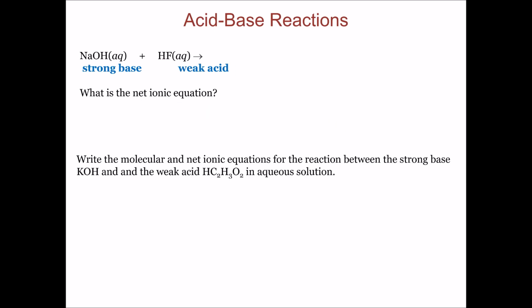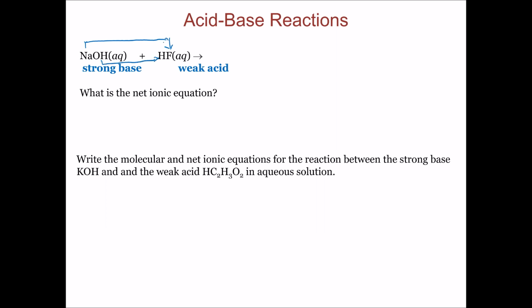The other way around, if you have a combination of a strong base with a weak acid, we'll apply the same rules. Again, we'll apply the double exchange procedure. It's going to be the cation of the first substance with the anion of the second one, and vice versa.